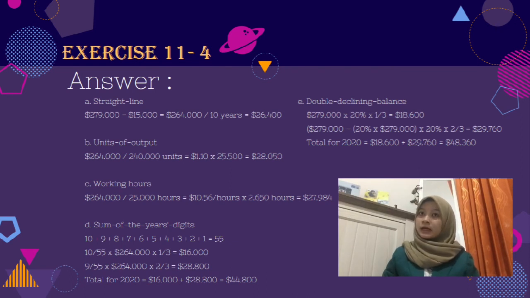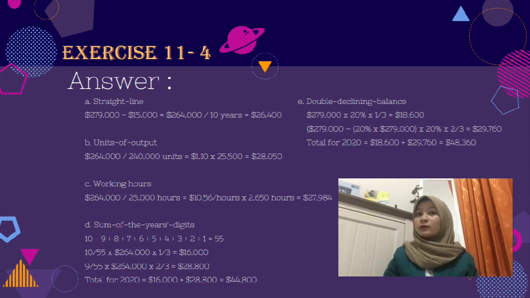E. Double declining balance is $279,000 multiplied by 20% and multiplied by 1 divided by 3 is $18,600. Then 279,000 minus 20% multiplied by 279,000 multiplied by 20% and multiplied by 2 divided by 3, and the result is $29,760.